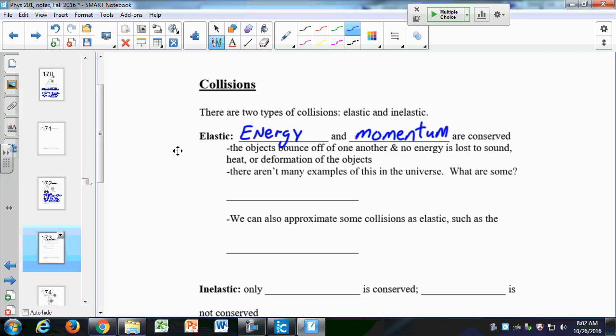So there aren't many examples of this. Can y'all think of one example of a collision that involves conserving energy? It's the collision between molecules and atoms, charged molecules and atoms, because they never actually touch one another.